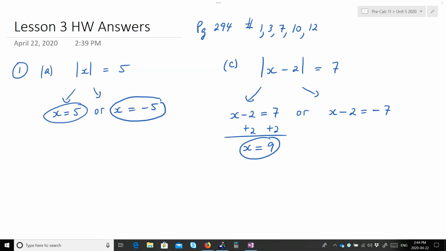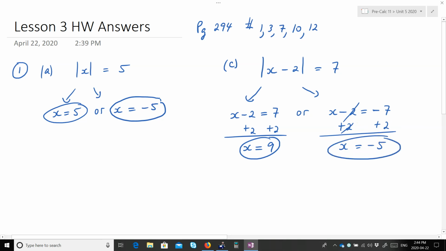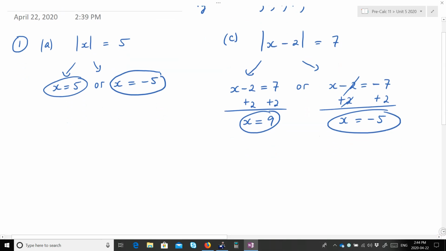The other equation is x minus 2 equals negative 7, and if we solve that, we end up getting x equals negative 5. I think both of those answers are good. 9 minus 2 is 7. The absolute value of 7 is 7. Negative 5 minus 2 is negative 7. Take the absolute value of that, and you get 7. So those are the two answers for 1C.